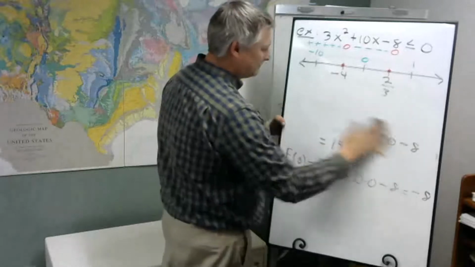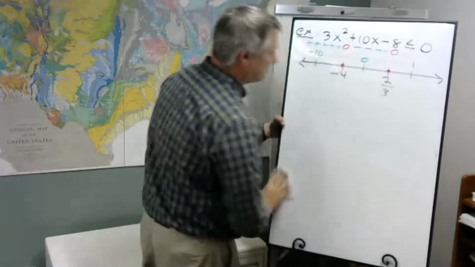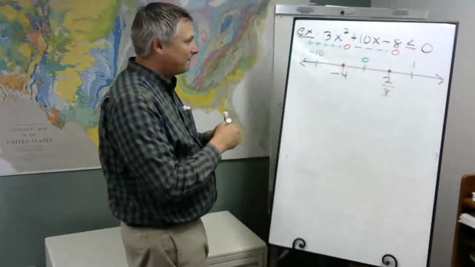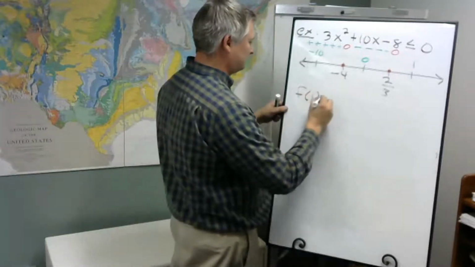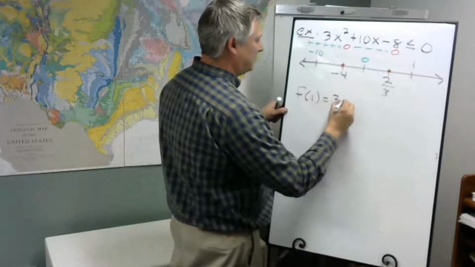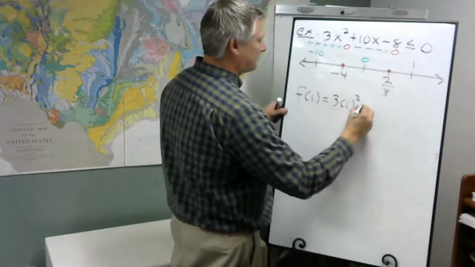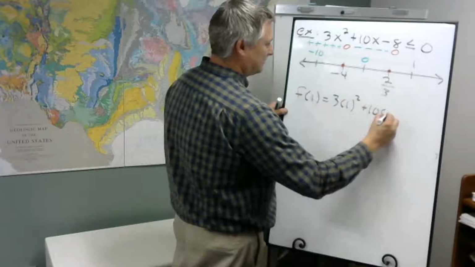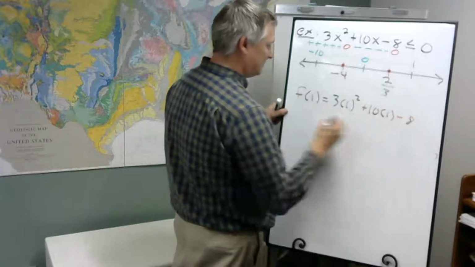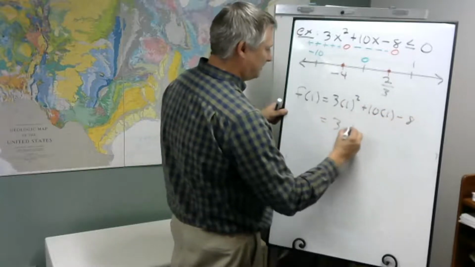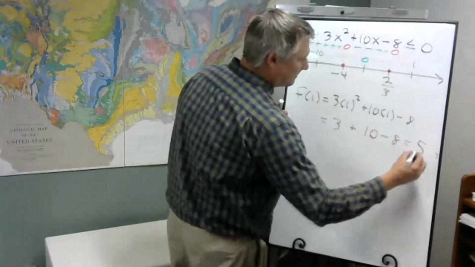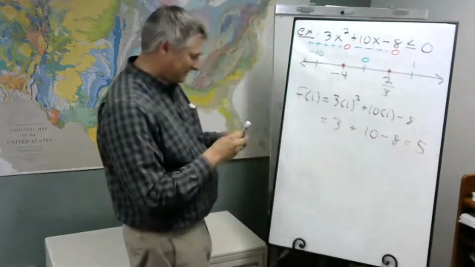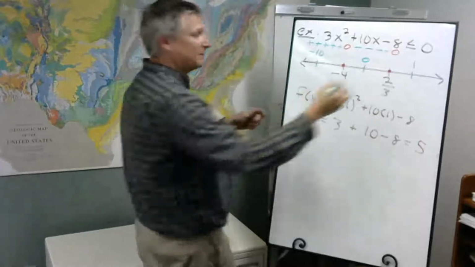And then finally, f of 1. Well, we get 3 times 1 squared plus 10 times 1 minus 8, or 3 plus 10 minus 8, and that comes out to positive 5. So it's positive here.